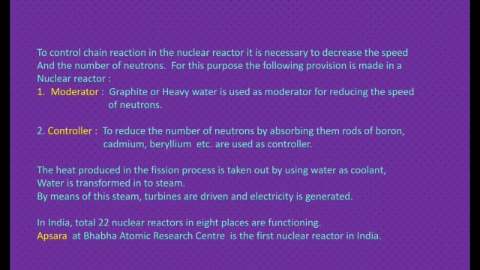Graphite or heavy water is used as moderator for reducing the speed of neutrons. Second one is controller. To reduce the number of neutrons by absorbing them, rods of boron, cadmium, beryllium, etc. are used as controller. The heat produced in the fission process is taken out by using water as coolant.